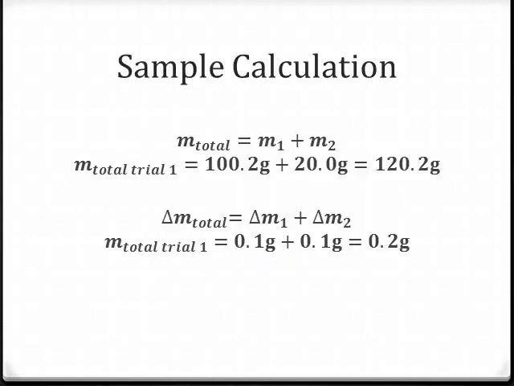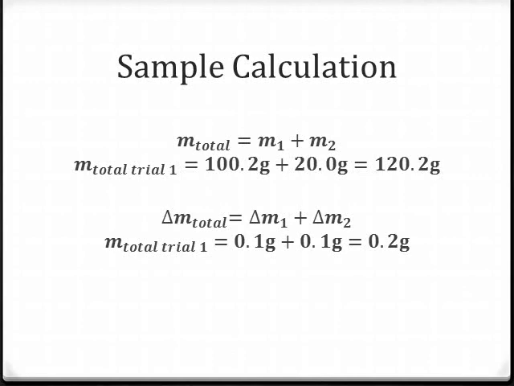Now the last thing you need to do is make sure you show sample calculations of any calculations you made. So if you ever add two quantities, even something as simple as putting two masses on something and needing the total mass, you have to do a sample calculation to show that addition. That goes with calculating uncertainties as well.